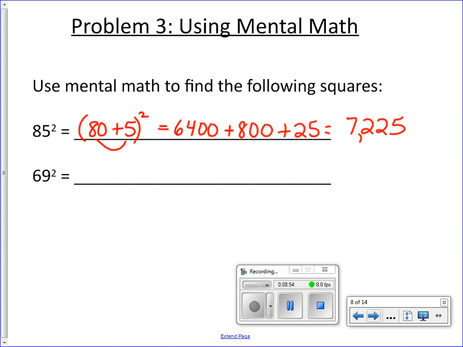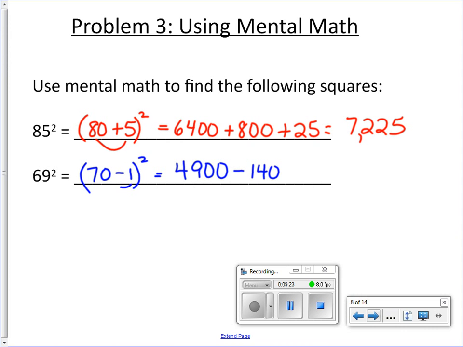All right, let's use the next one, 69 squared. And this time, we're going to rename it, it'll be easier this way, as 70 minus 1, and square it. All right, so 70 times 70 would be 4,900, minus 70 times 1 is 70, and if we double that, that'd be minus 140.